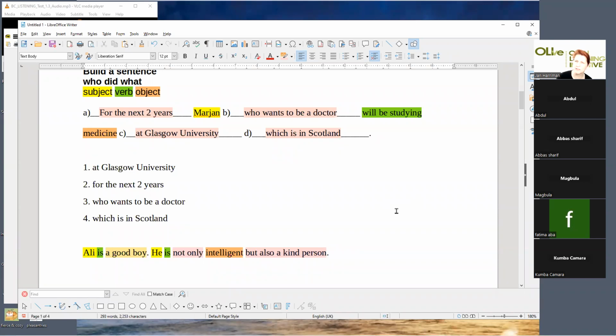It doesn't have to be a noun when we say that someone is something. It makes more sense to say he is intelligent than he is a ball, because that wouldn't make any sense. So, yeah.